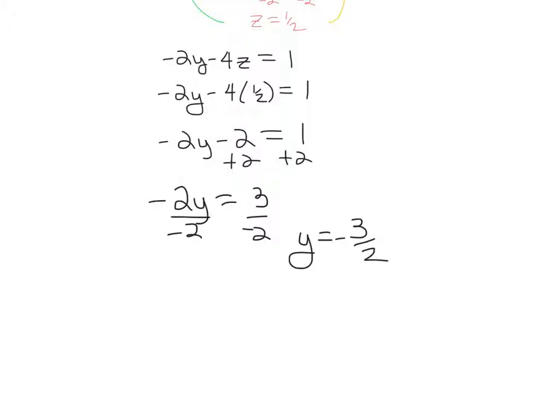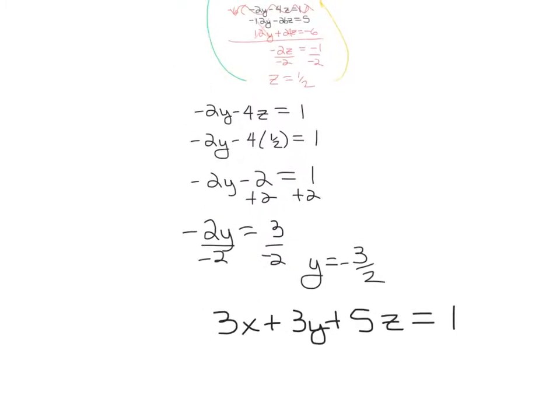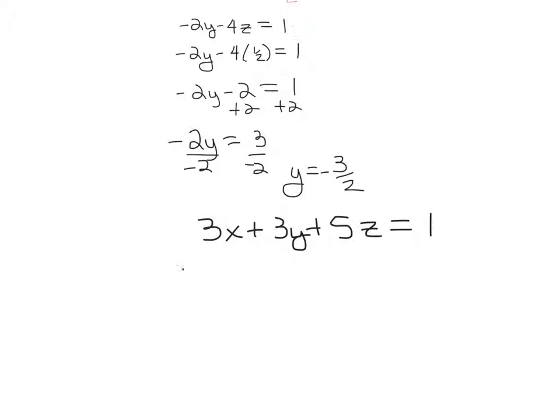Back to the beginning. So I'll do the first one. 3x, 3y, 5z. Plug in the z and the y. The y is -3/2. The z is 1/2.